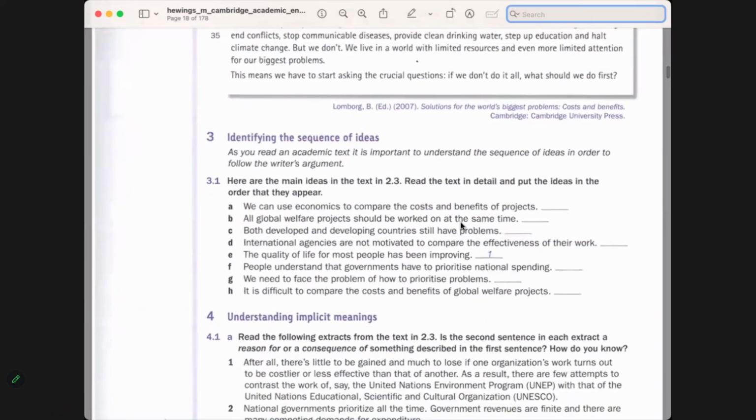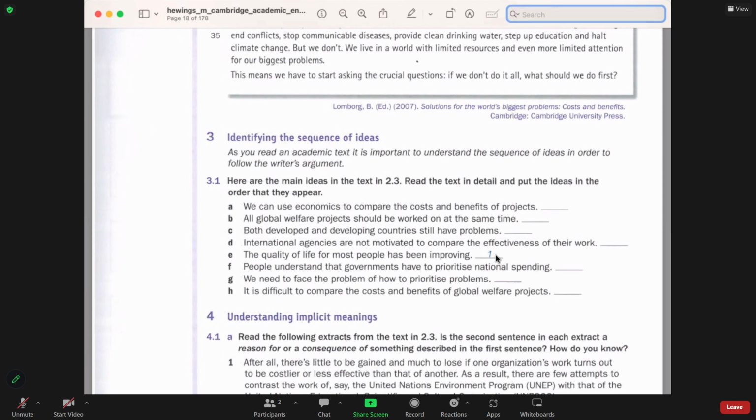So, in exercise number 3.1, we have to put these ideas in order they appear in the text. So number 1 is already done for us. It's E. And the rest one.